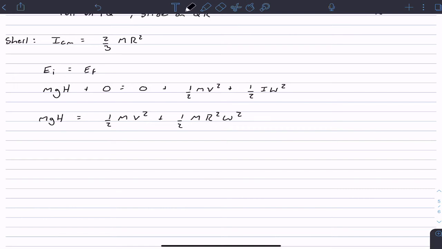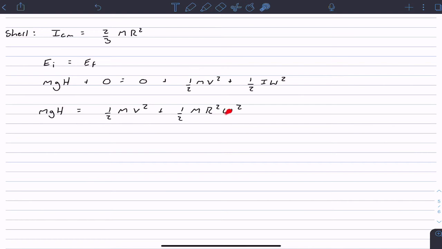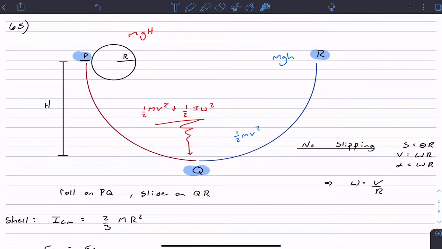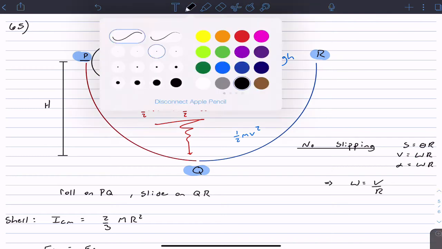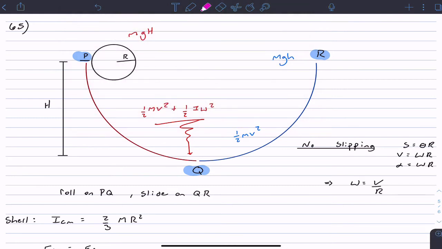One thing that we can do is break apart this rotational speed, right? We have a relationship, and remember we're told that this is a non-slipping condition. As this thing is rolling, there's a no slipping condition, and that includes this, which is something we can use.